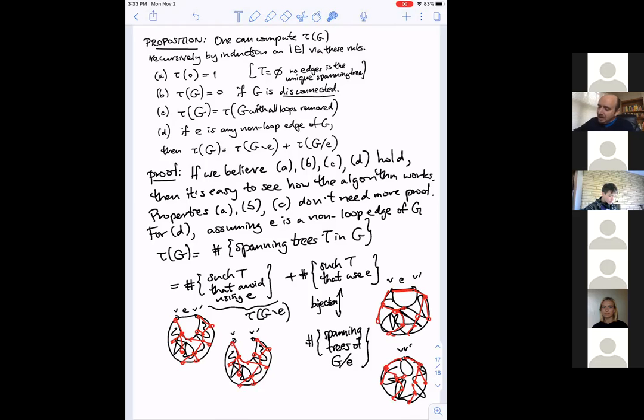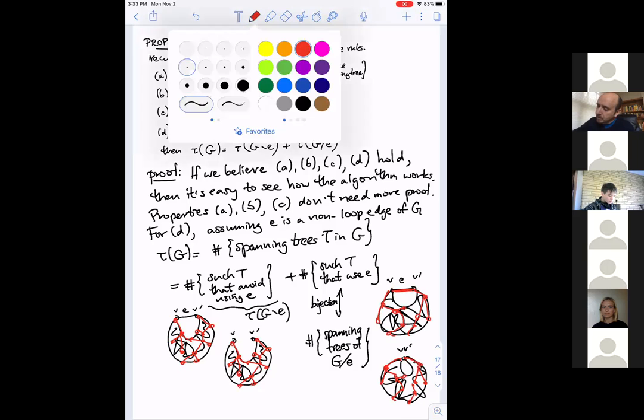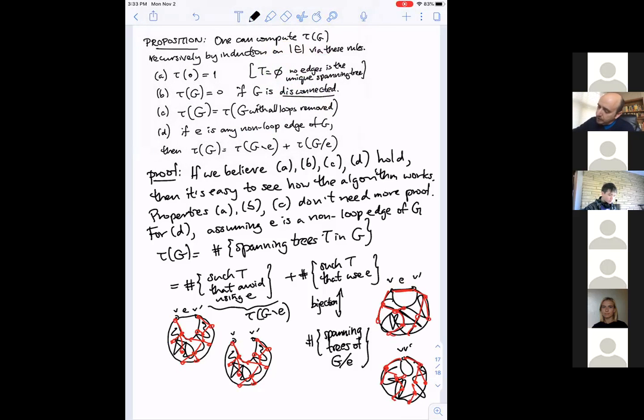And this fact requires some thinking. This is not 100% obvious. You need to think a little bit about why this is really a bijection.